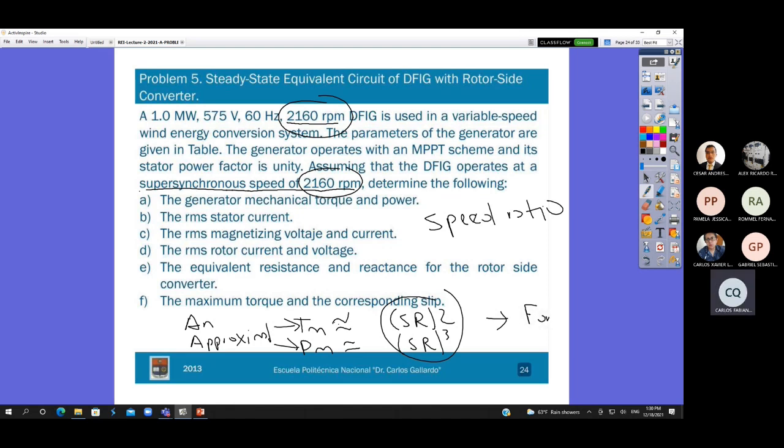Do you remember in the previous problem, we had two speeds. The first one was the rated speed, and the second one was the supersynchronous speed. And we computed the speed ratio, and we call this the per unit value. In this case, because this value is equal to this value, what is the speed ratio? Anyone? Any clue?